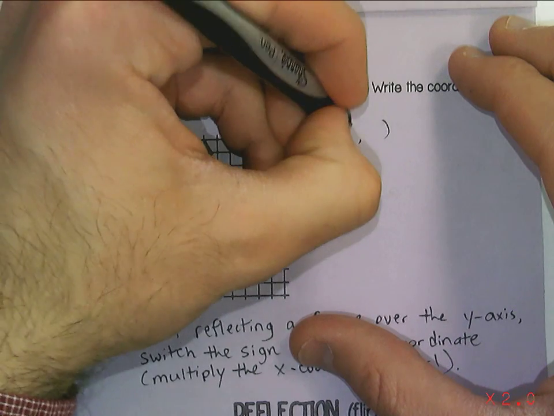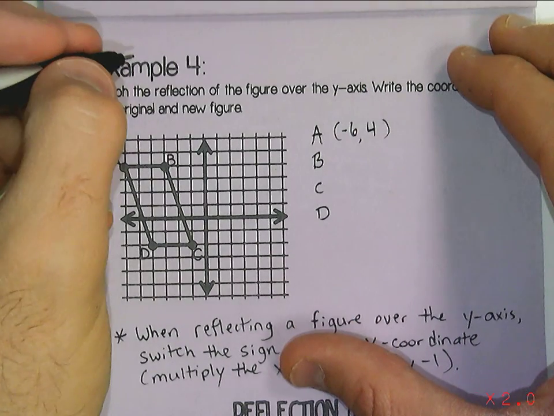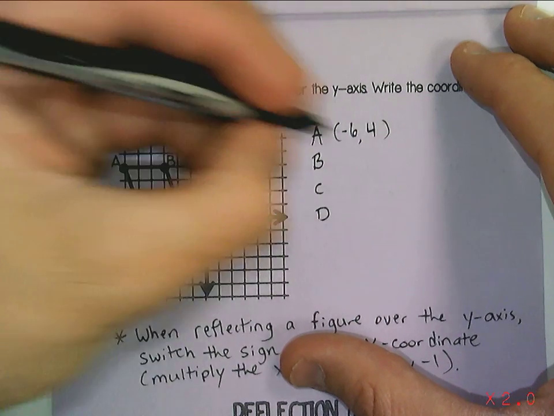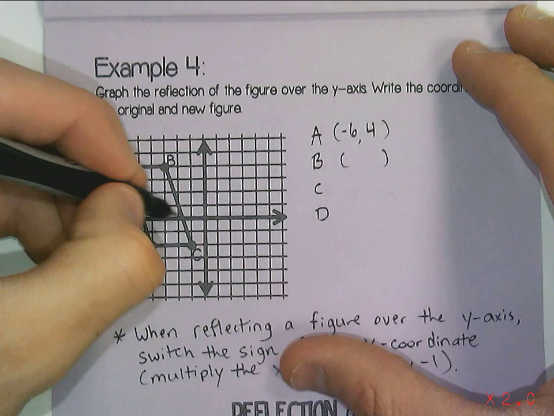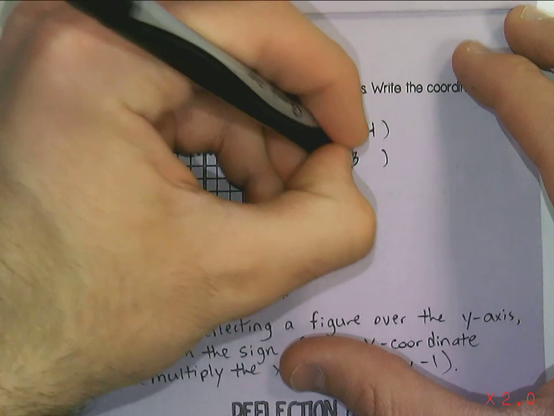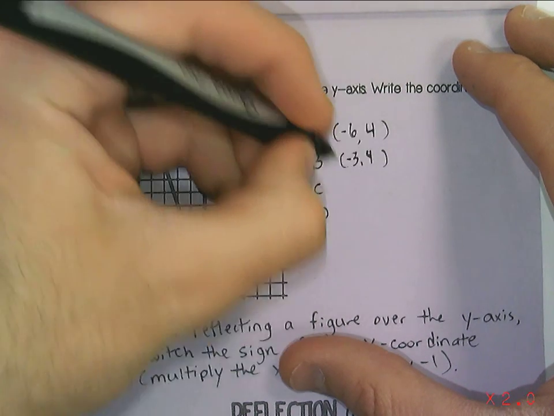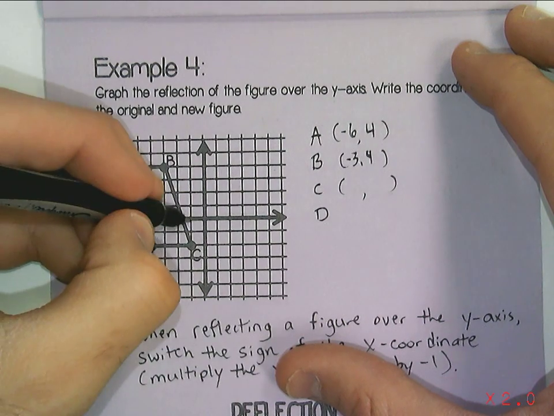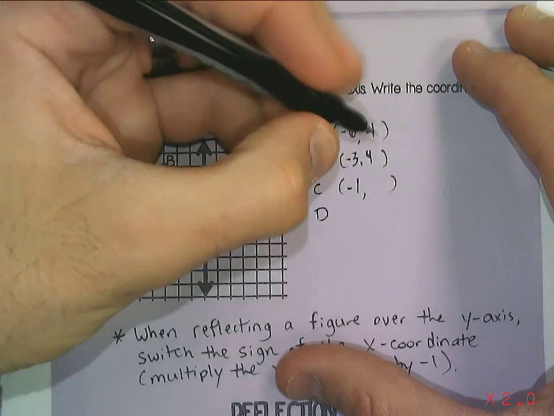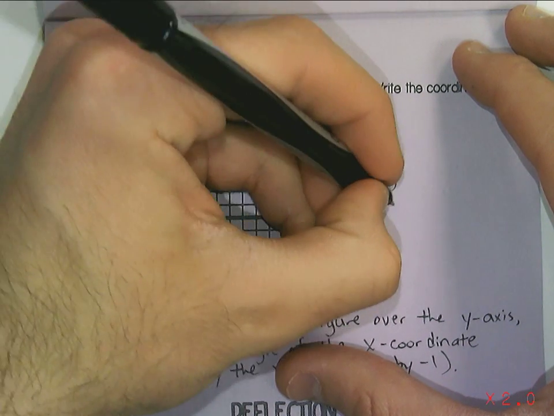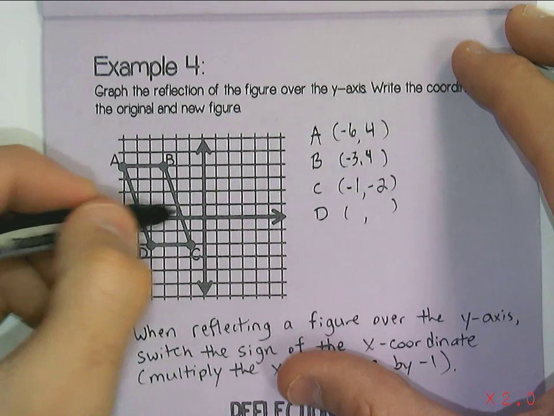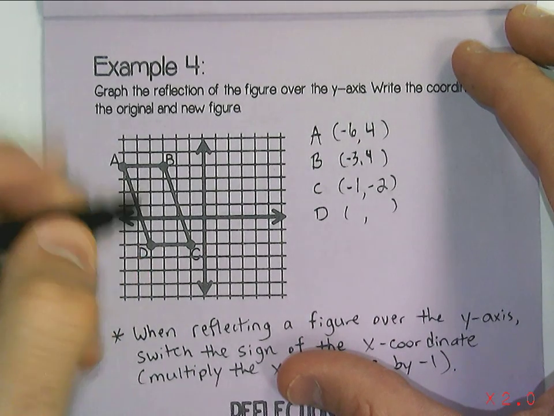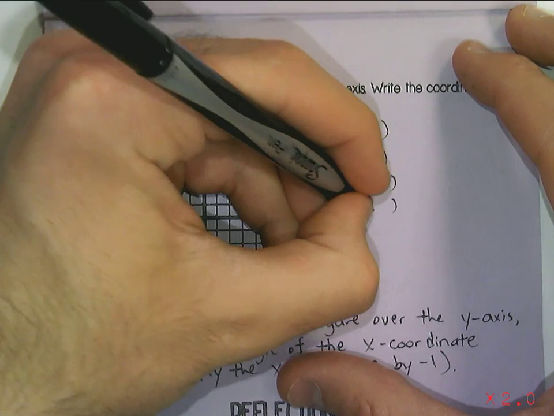Negative 6, 4, looks like to me. B would be negative 3, 4. C is negative 1, negative 2. And D is negative 4, negative 2.